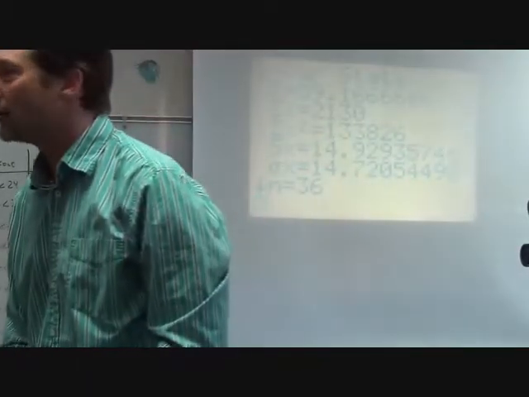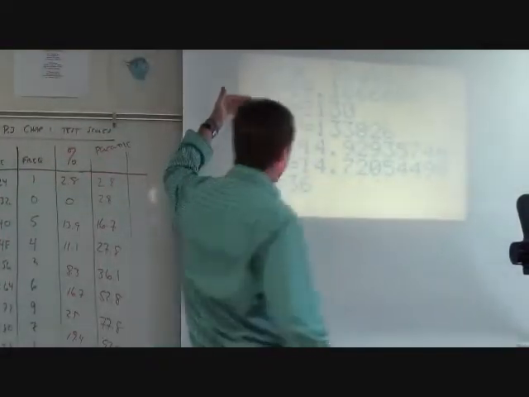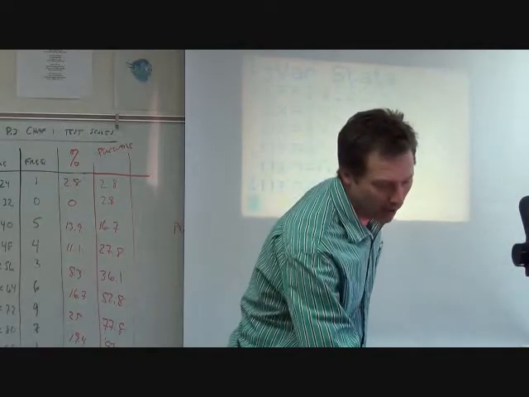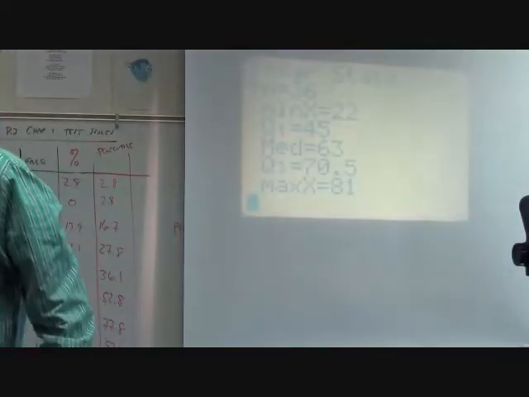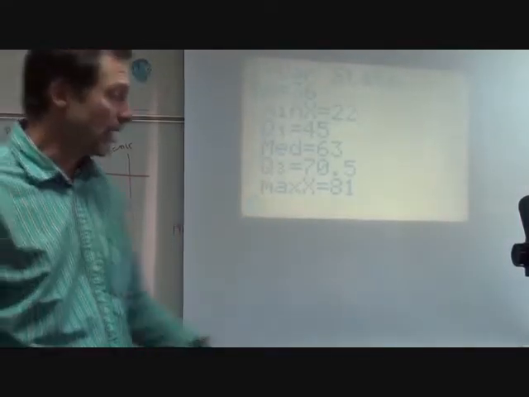Now you know that that's the mean. Bunch of other stuff that you're going to learn about real quick. Keep going down and you see the median. So it calculates the mean and the median right there for you. Okay? All right, let's do as we said.